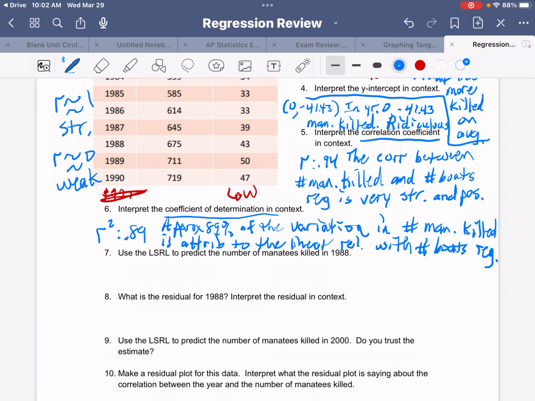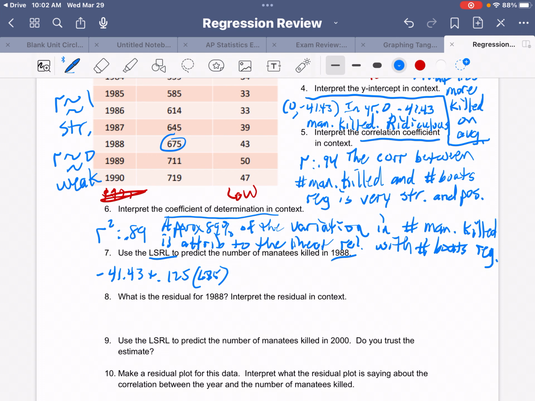Use the least squares regression line to predict how many manatees were killed in 1988. So would that be negative 41.43 plus 0.125 times 1988? Oh, no. We wouldn't plug in 1988. We would plug in 675 boats were registered that year. So I'm going to grab my calculator and I'm going to do that math. So let's see.